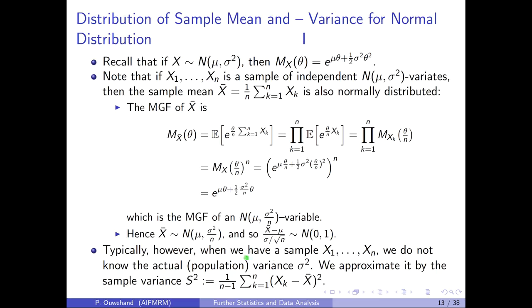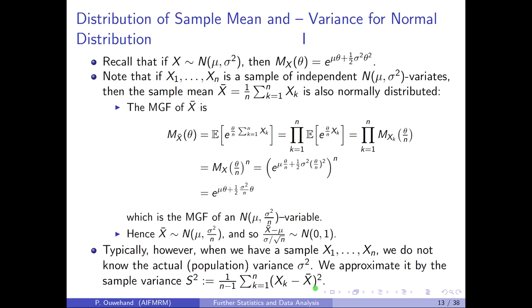Typically, however, when we have a sample x1 up to xn, we do not know the actual or population variance. In other words, we do not actually know sigma squared. Instead, we approximate it by the sample variance, which is defined as s squared is equal to 1 over n minus 1 times the sum of the squares of xk minus x bar.